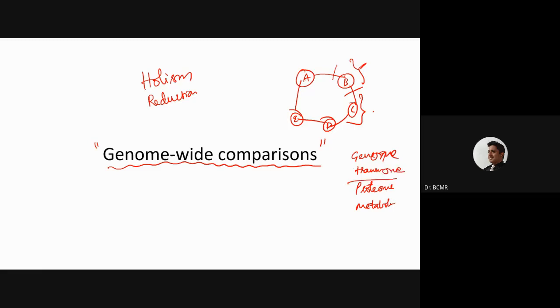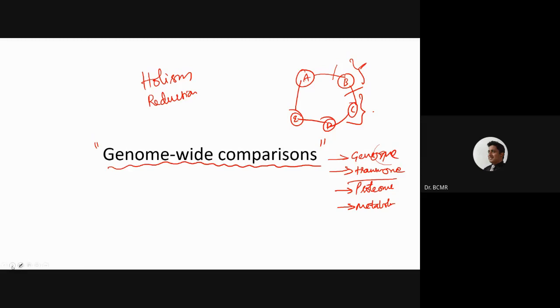So all these omes are added from the genome. The transcriptome is about analyzing all the RNA that is ever transcribed. Proteome is all the proteins that are present in a cell, and metabolome is all the metabolic molecules, metabolites, that are present in a cell.